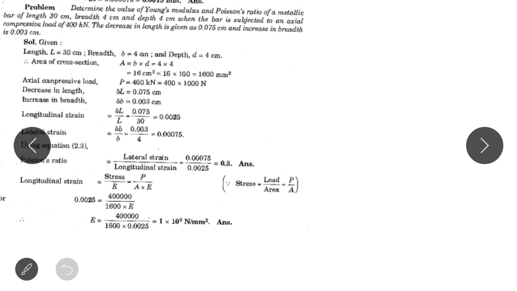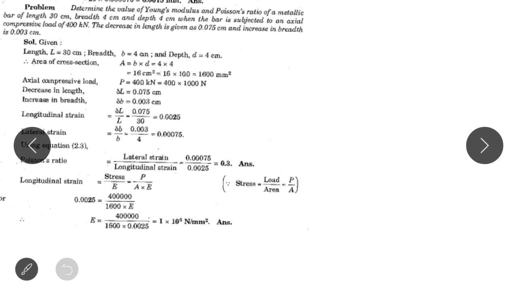We have to determine the Young's modulus and the Poisson ratio. We have to find the Poisson ratio first. So Poisson ratio is equal to lateral strain divided by longitudinal strain. So lateral strain is equal to 0.00075 divided by longitudinal strain, which is change in length divided by original length, therefore 0.0025. So therefore the Poisson ratio is 0.3.